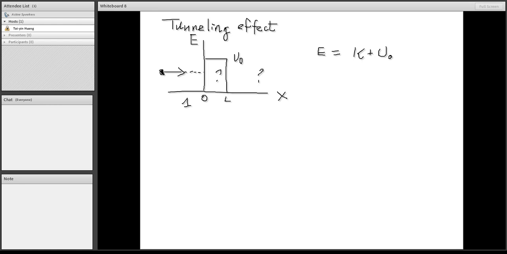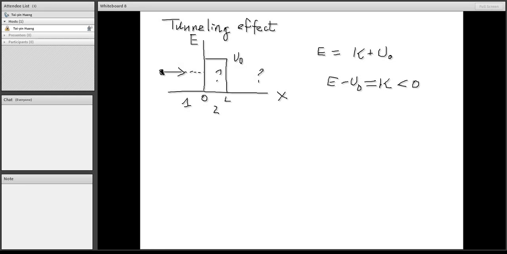Now in region 2, which is within the barrier from 0 to L, your energy is already less than the potential of the barrier. So if you rearrange this, E is less than U naught. On the left hand side you will get a negative value, which means that your K, the kinetic energy of the electron, must be less than 0.